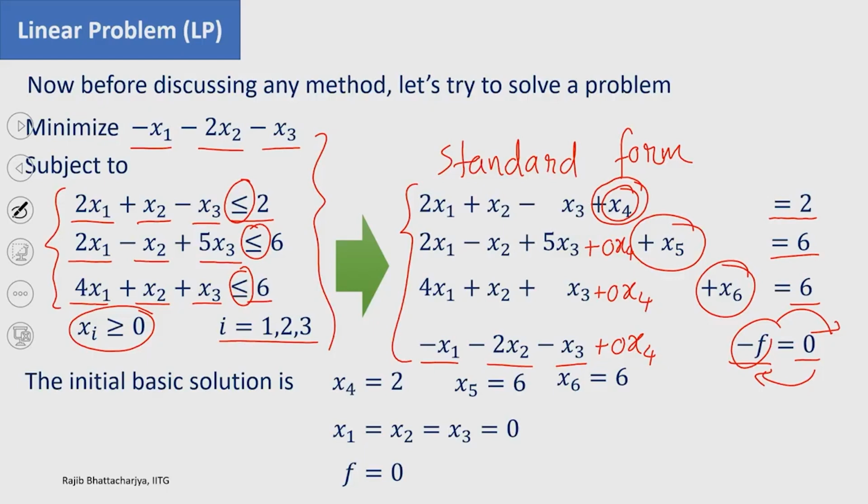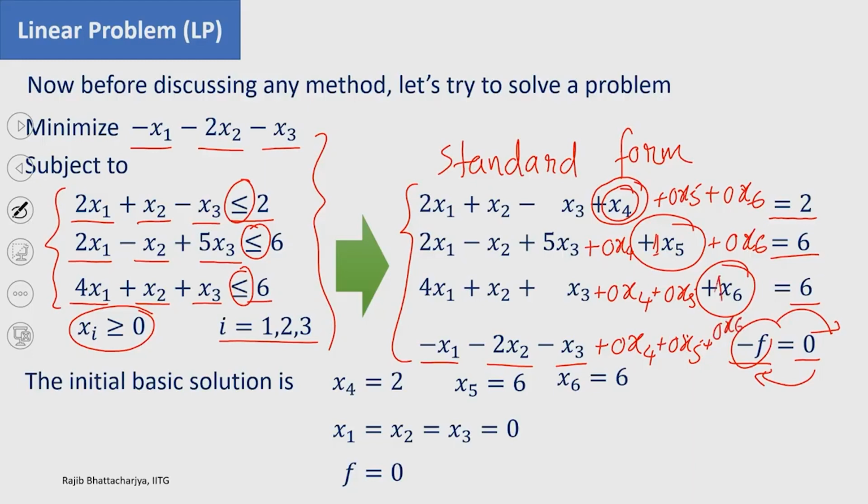Similarly for x 5, this is plus 0 x 5 in the other equations, so the coefficient of x 5 is 1 in its own equation and 0 in the others. Similarly for x 6, it is plus 0 x 6 in the other equations.